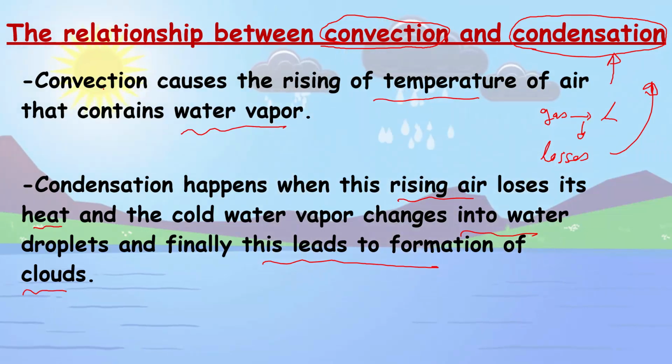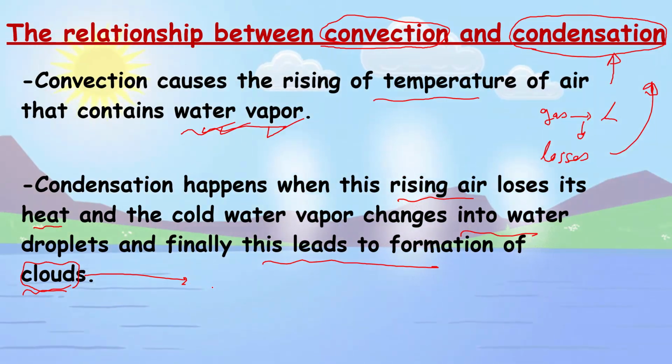So again, convection causes the rising of the air that contains water vapor, and when this water vapor loses energy, it turns into water droplets. These water droplets finally form what? Clouds. And when the clouds move from one place to another, it falls another time in the form of what? Yes, in the form of rain.